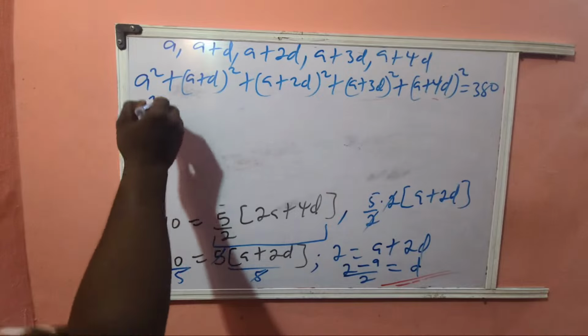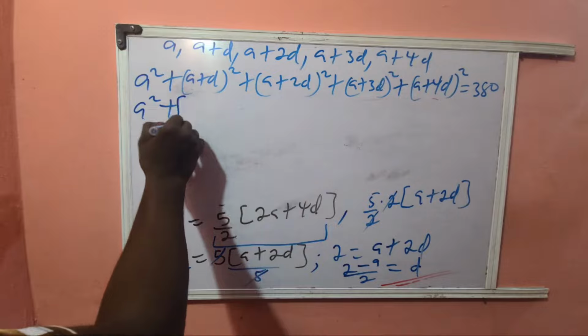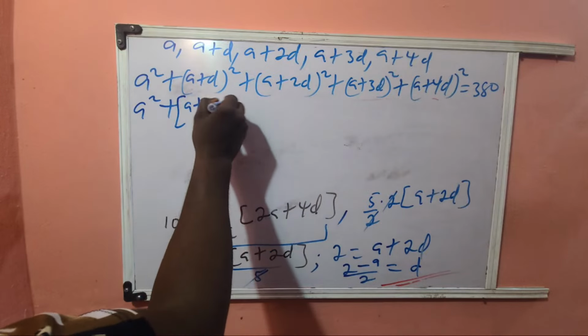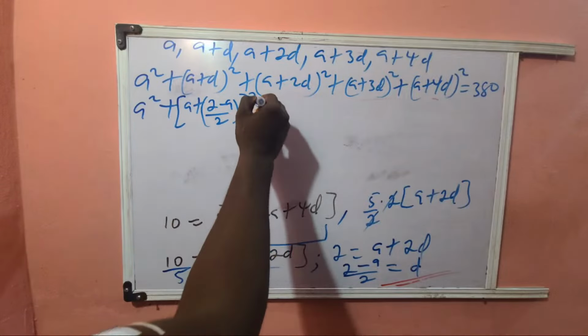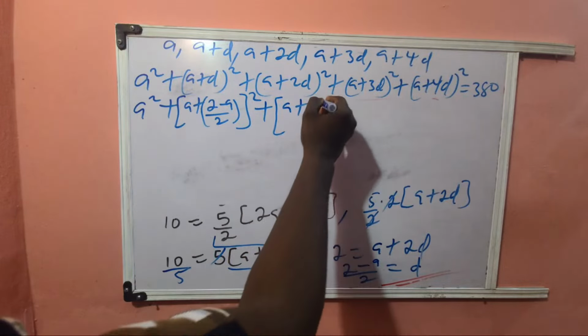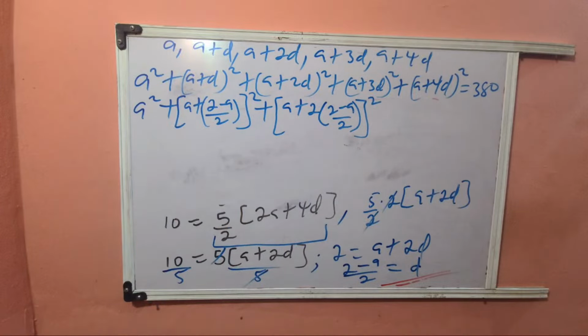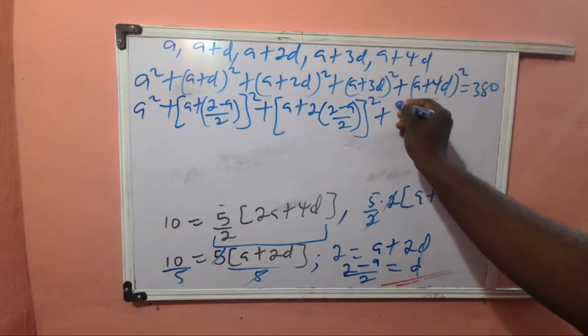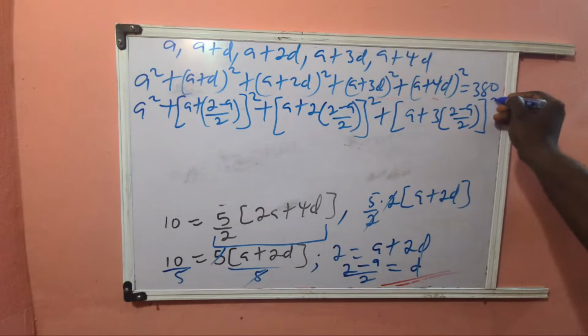So a squared plus a plus 2 minus a over 2, all this squared, plus a plus 2 minus a over 2 squared, again for 3d, plus a plus 2 minus a over 2, still squared.